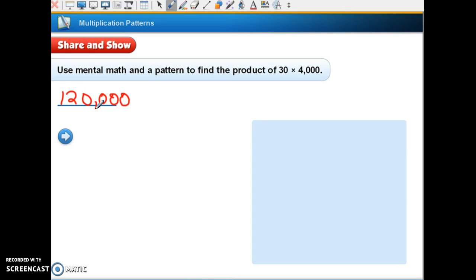Everybody understand that? 120,000. What basic fact can you use to help you? So what basic fact did we use? 3 times 4 equals 12.